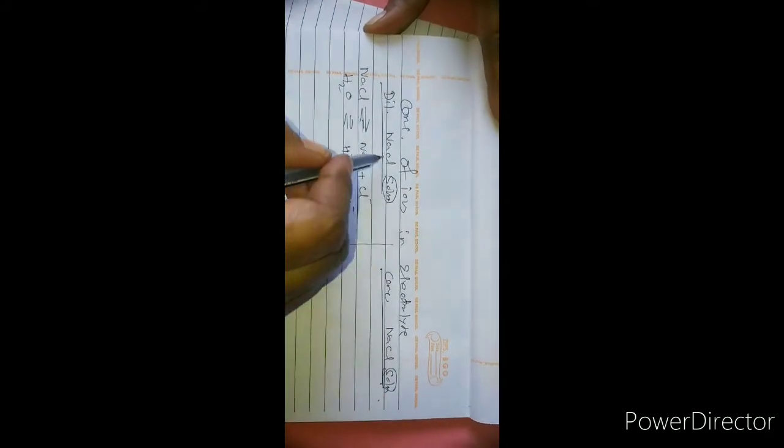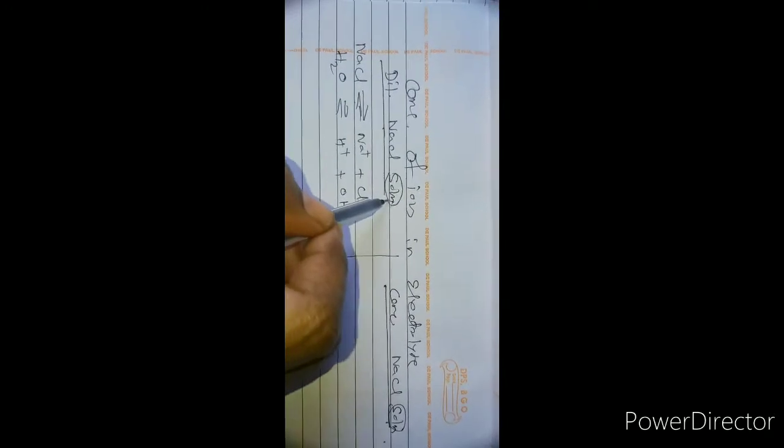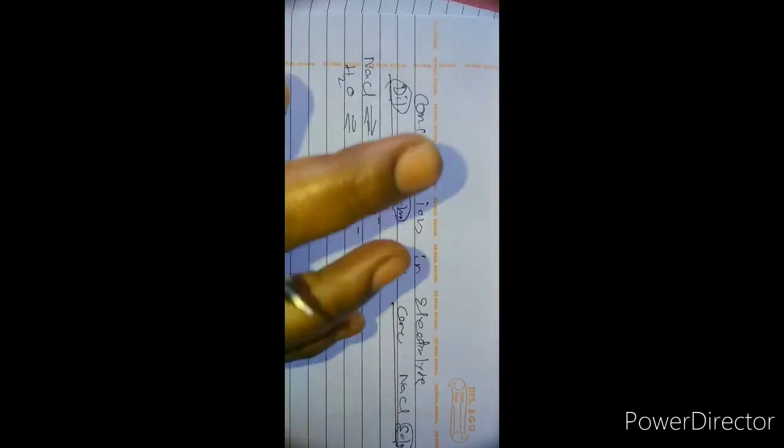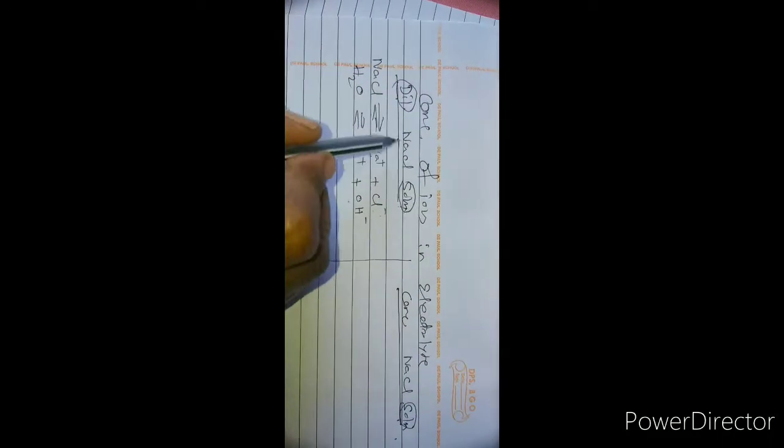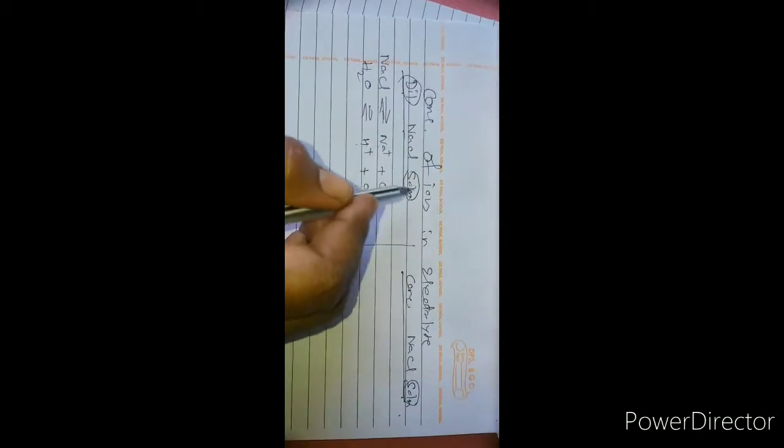Here in this dilute NaCl solution, obviously the concentration of Na+ and Cl- is lower in comparison to water. That is why it is a dilute solution. The definition of dilute is that the amount of solute in the solution is less.